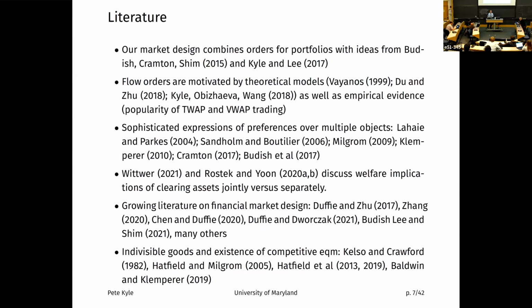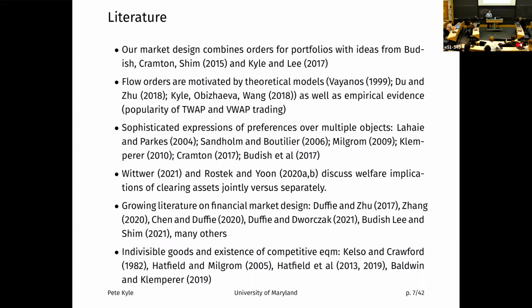Okay, so there's a pretty big literature on market microstructure. I already mentioned my paper with Mina Lee and the Budish, Cramton, Shim paper, but there's some theoretical work that motivates the idea that institutional investors want to trade gradually over time if they're trading one asset.